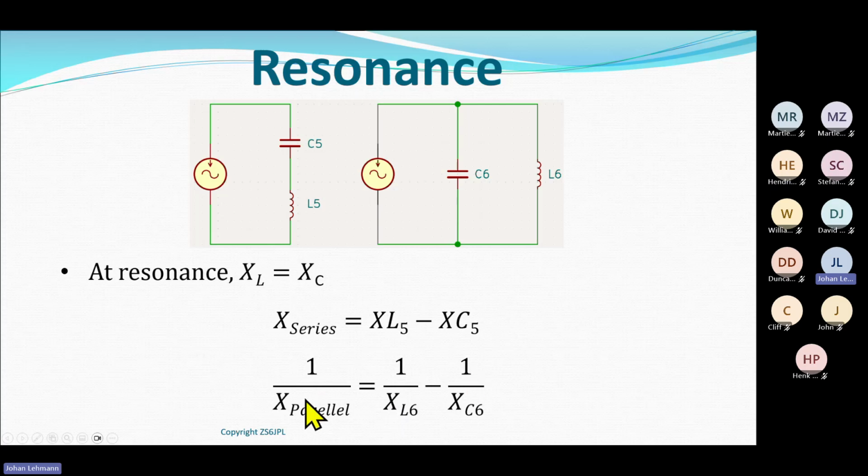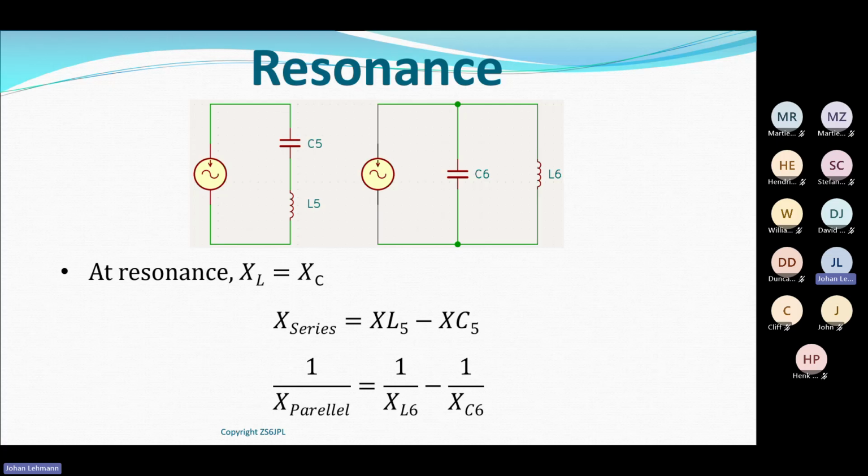Now, if we look at a parallel resonance circuit, you can quickly see the mathematics. If XL and XC are the same at resonance, the impedance of the circuit is going to be infinite. Mathematically, you can't divide by 0, so it becomes infinite. So a parallel circuit blocks and a series resonance circuit passes.